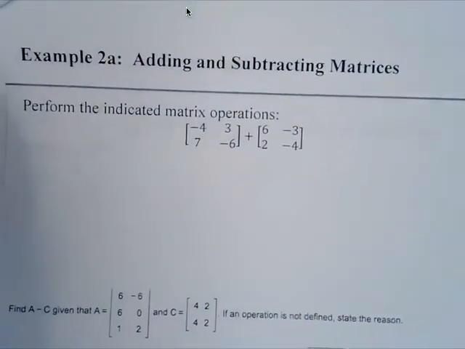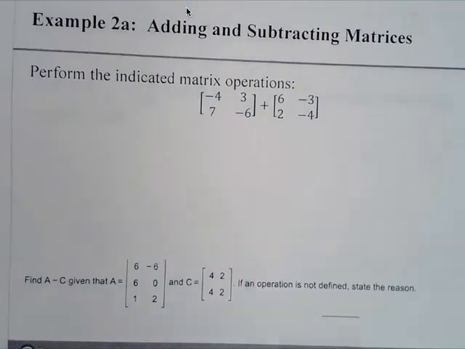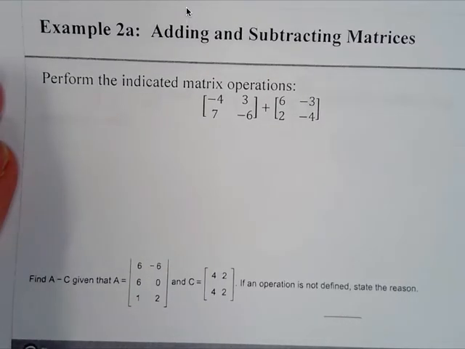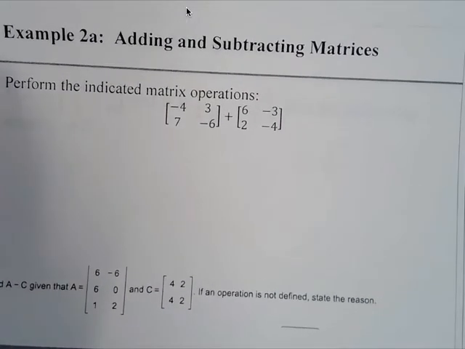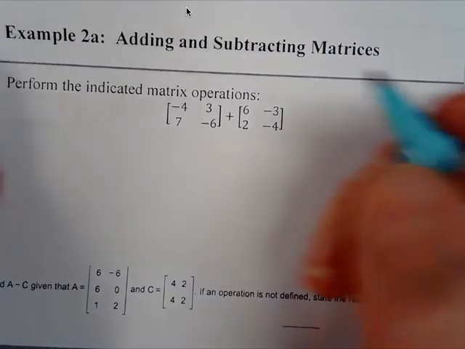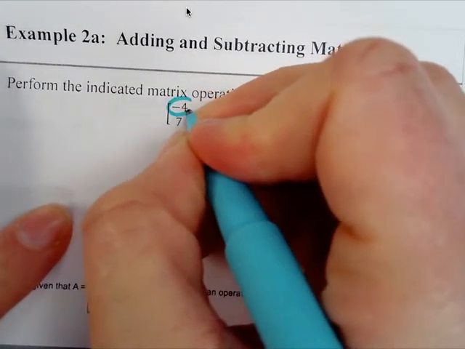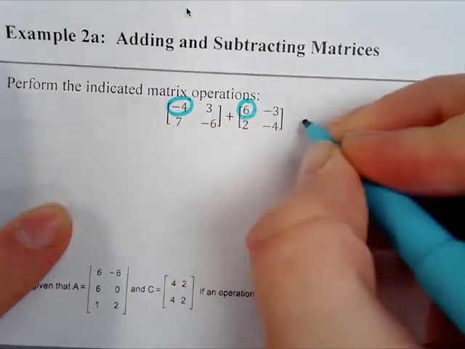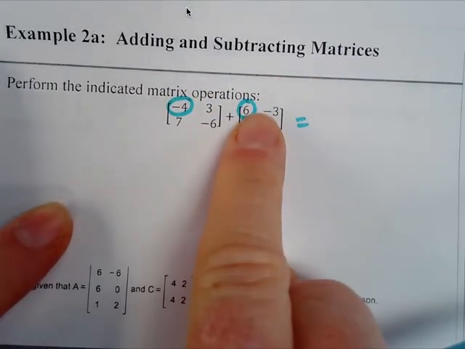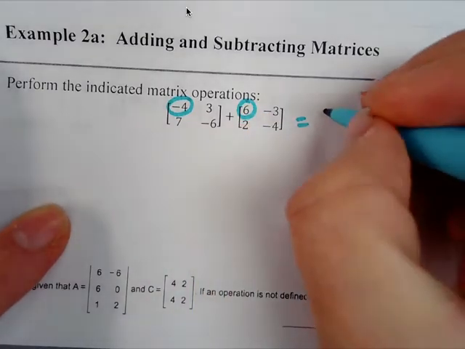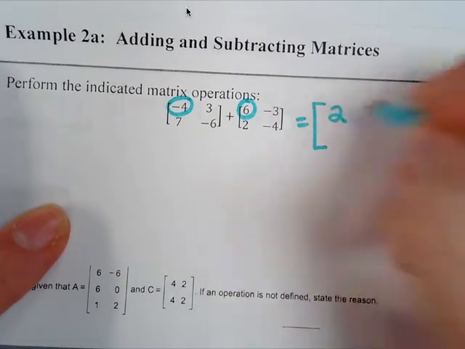Let's perform the operation on this example. So we're just adding. So we will add corresponding entries. You can write them out or you can do them in your head. I'm going to use corresponding colors to help me. So these are in the same spots, same entries. So I'm going to do negative 4 plus 6. It's positive 2.